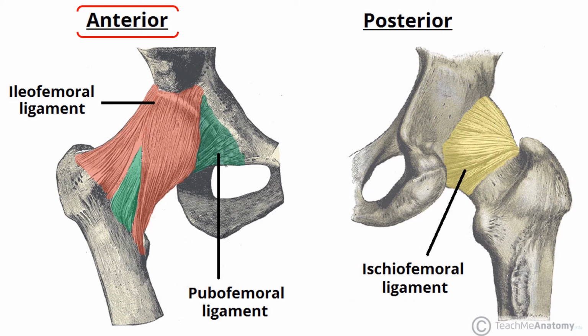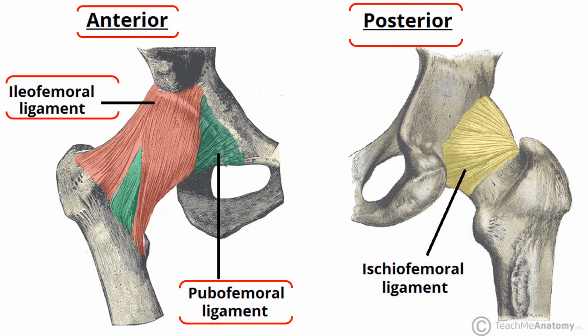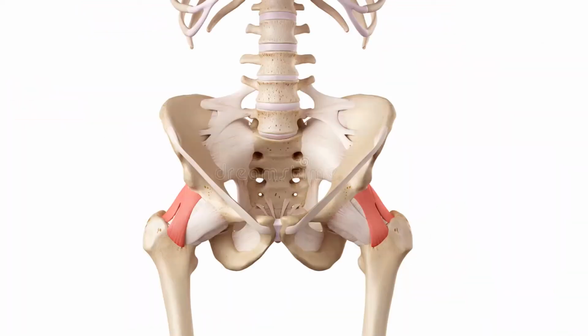Here we have anteriorly the inverted Y-shaped ligament, which is the iliofemoral, and deeper to it is the pubofemoral ligament, and on the posterior aspect we have the ischiofemoral ligament. This is a nice image of the inverted Y iliofemoral ligament.